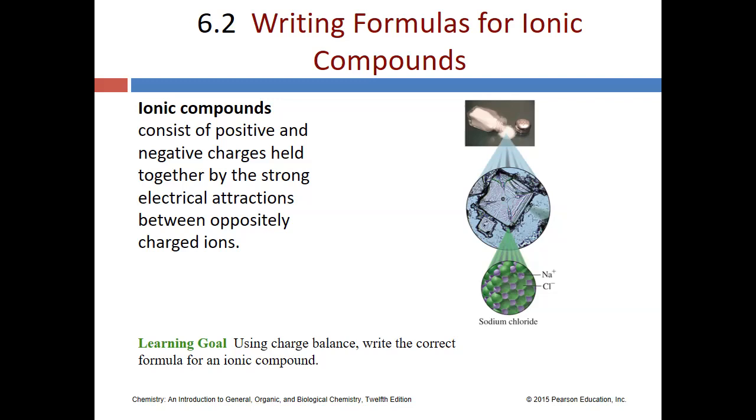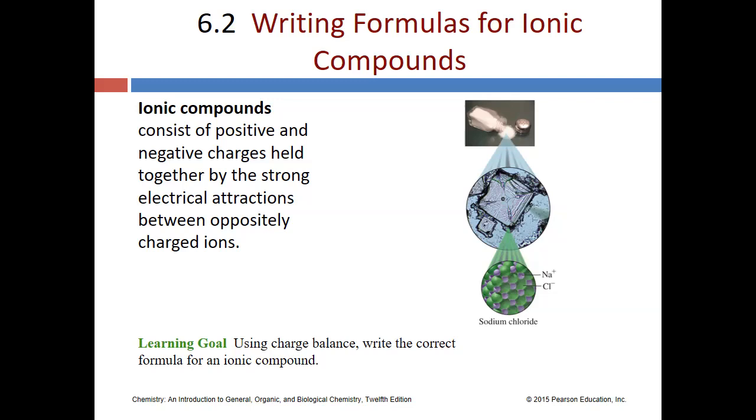And so because of that, when we start looking at how an ionic compound is composed, what is it made out of? Well, we start looking at what gives us positive charges and what gives us negative charges.